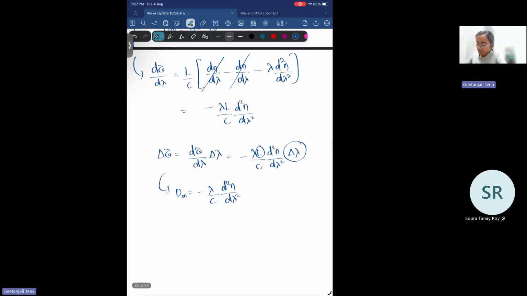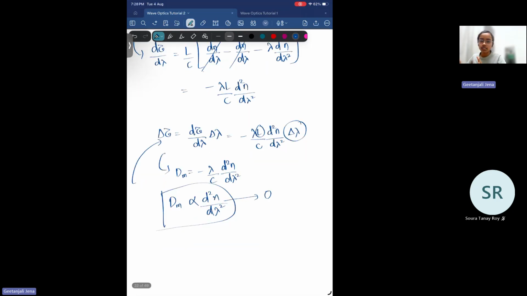You can see that the material dispersion coefficient is directly proportional to the double derivative of n with respect to lambda. So to get zero broadening, that is, to neglect the effect of dispersion, this term should vanish. If it is zero, then we won't see any material dispersion inside the medium, and it won't happen at all wavelengths. It happens only at a particular wavelength.